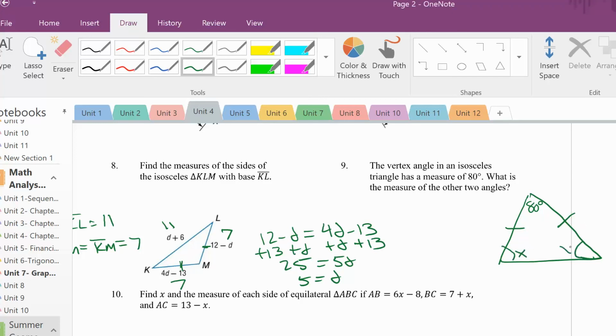So we'll say this is x and x. And remember, in a triangle, it adds up to 180. So 80 plus 2x is equal to 180. So then you subtract. 2x is equal to 100. So x equals 50. So the other two angles are 50 and 50.